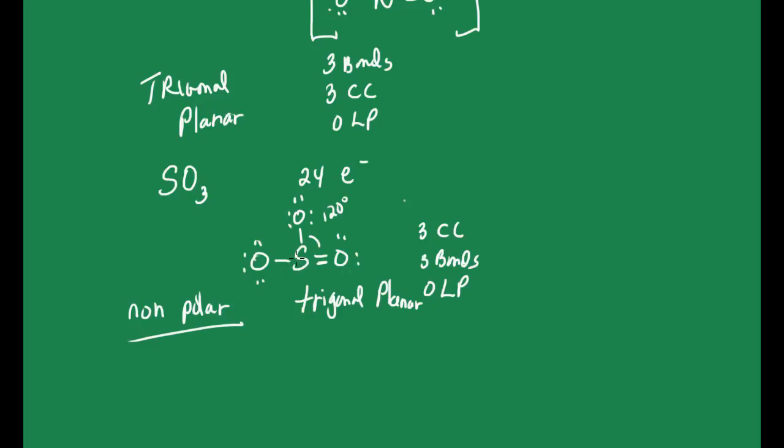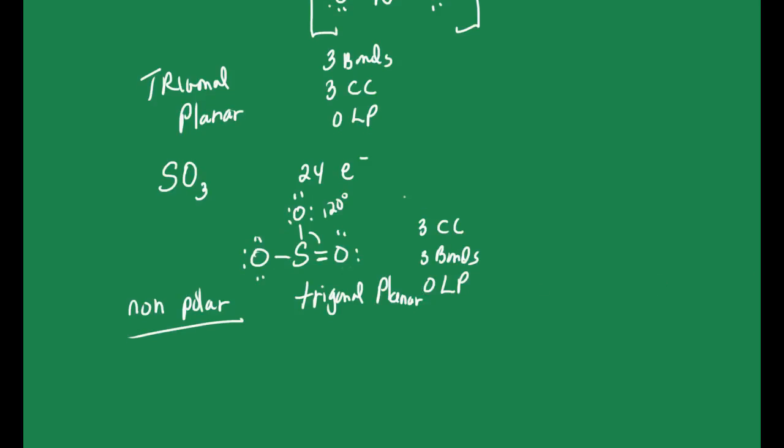That's basically because the electrons are distributed equally about those atoms. Again, you have this trigonal planar, all of the atoms bonded to the central atom are identical. It's going to be nonpolar. If we were to change one of these atoms, then you're going to have a polar molecule. So symmetry really plays a lot in polarity.